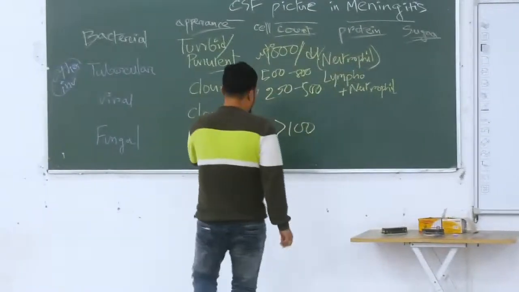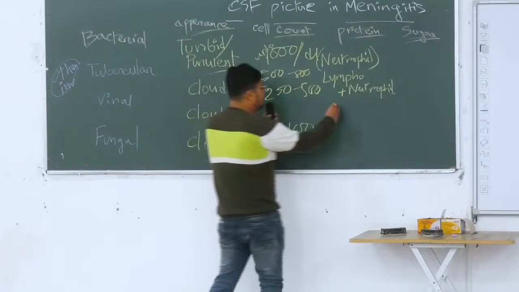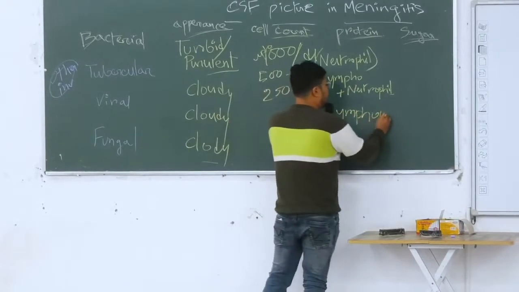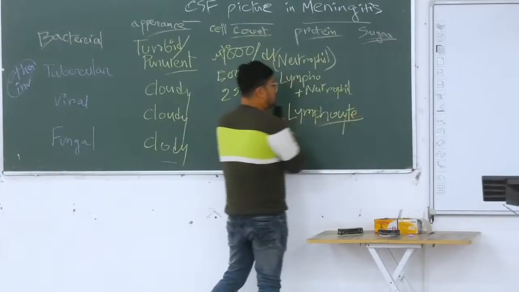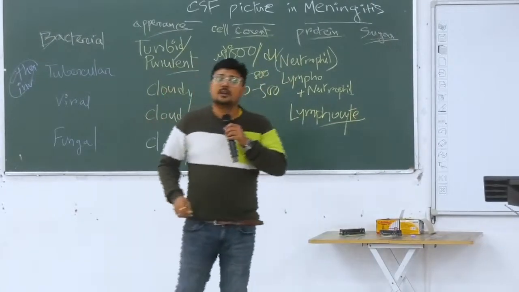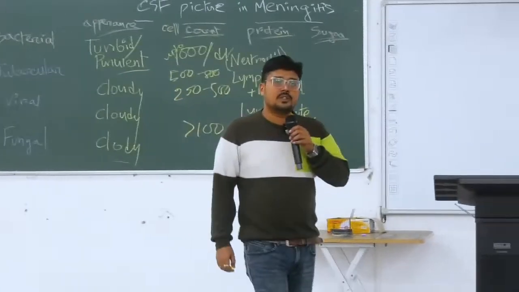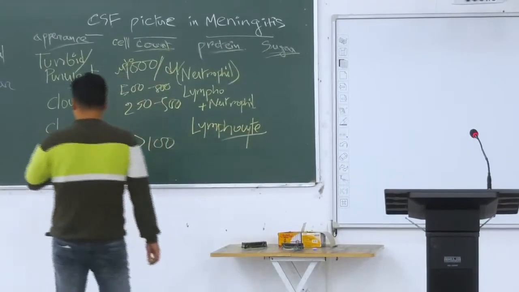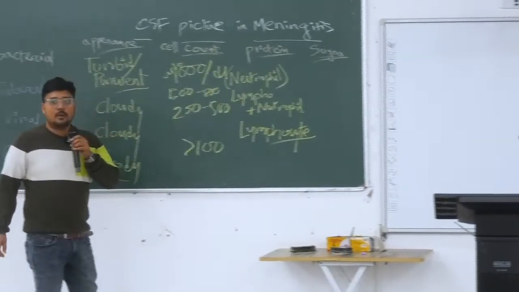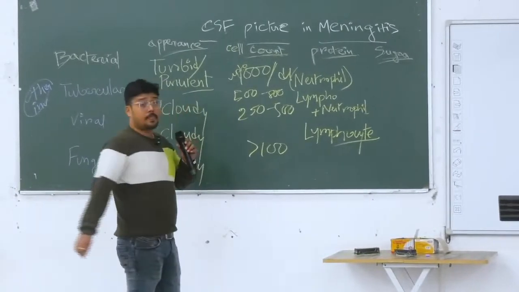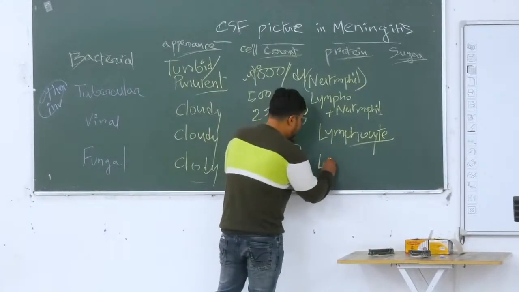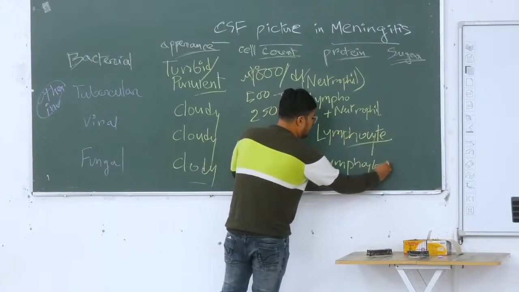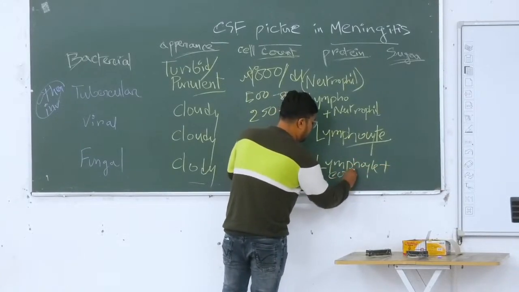In viral meningitis, the predominant population is also lymphocytes. And lastly, in fungal meningitis, the predominant cell types are lymphocytes and eosinophils.